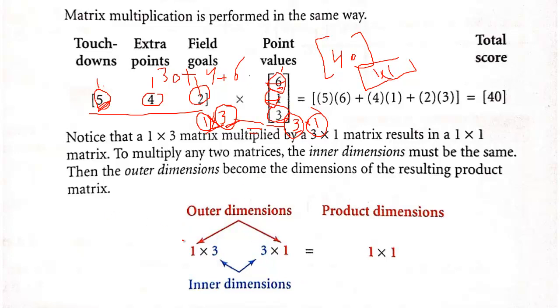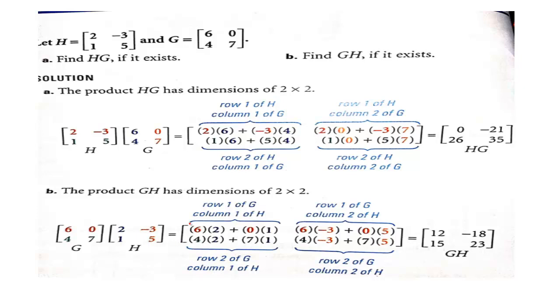So let's see the next one. If H equals 1, negative 3, 5, the system of this matrix is 2 times 2. And G here is 2 times 2. So find HG.